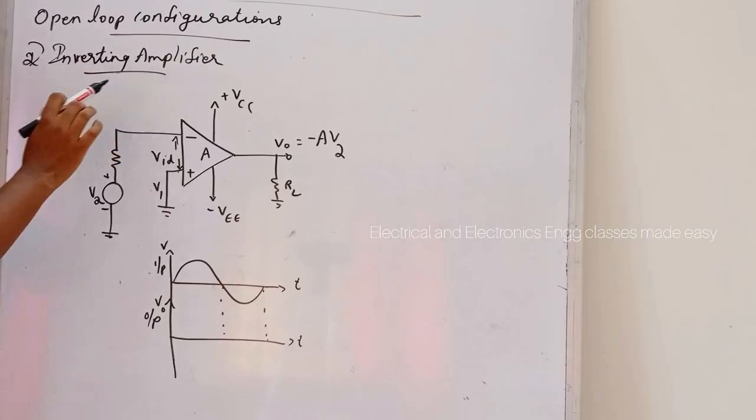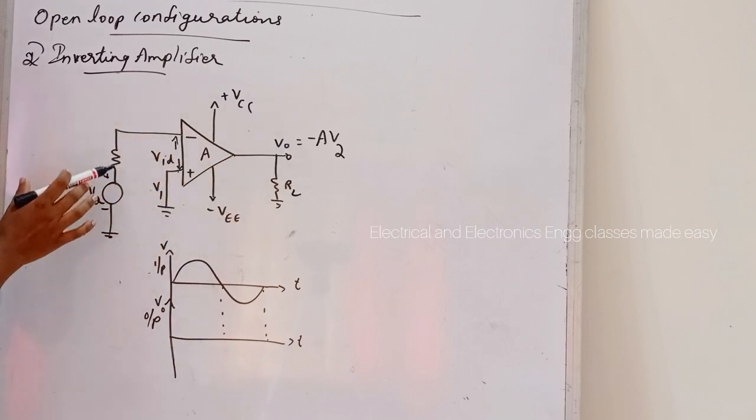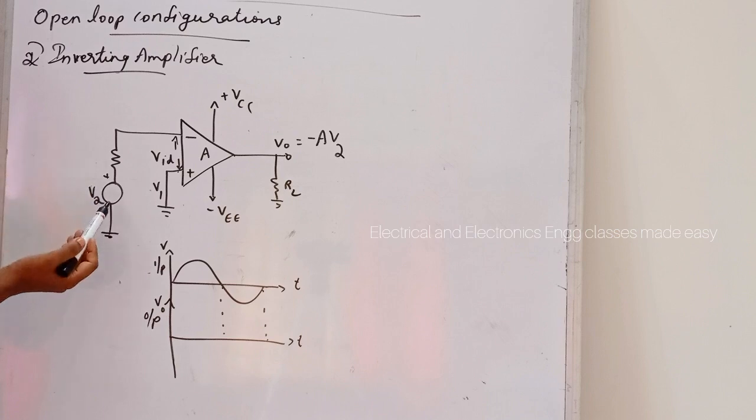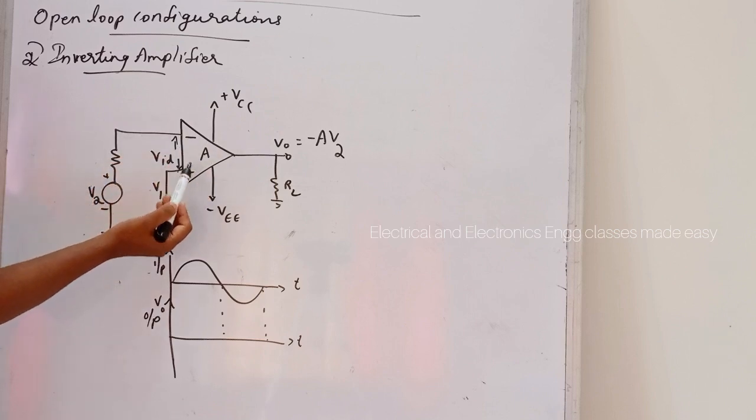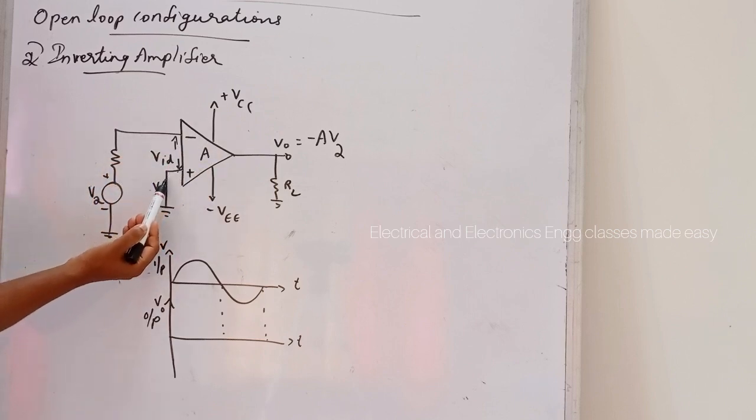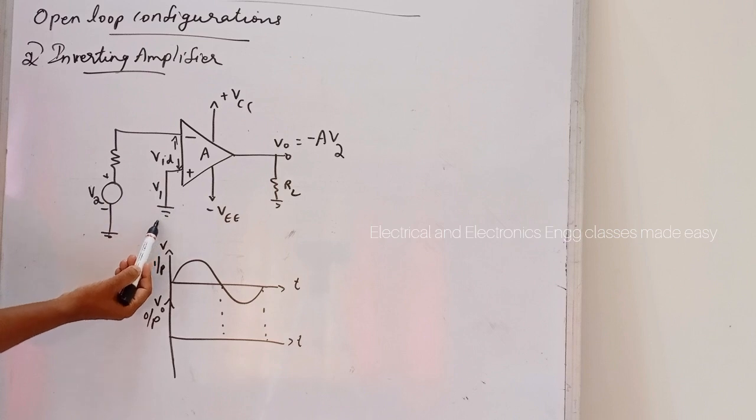Next open loop configuration is inverting amplifier. So this is the diagram for the inverting amplifier. In this, the input signal is applied to the inverting input terminal of the op-amp, and the non-inverting input terminal is connected to the ground.